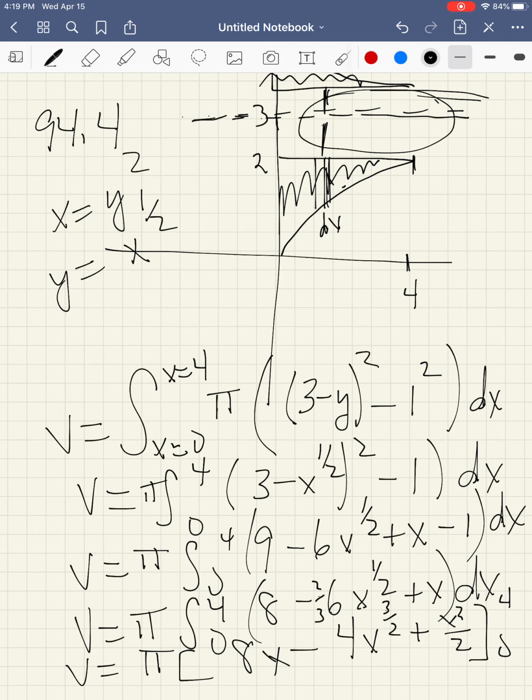There's an x in every one of these, so that 0 is not going to matter, is it? Okay, so we'll have V equal to pi times, the square root of 4 is 2, and 2 cubed is 8, so 8 times 4 is 32. And then plus 16 over 2 is 8.